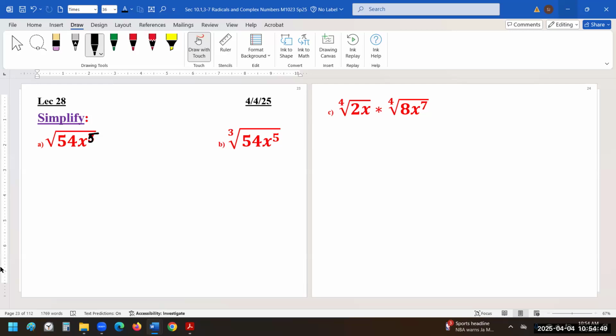Same thing for variable, we look for the multiples of 2. And for cube root, we look for the multiples of 3. So step 1, we break down our radical into 2 pieces. One is for the number, one is for the variable. And then we reduce them.